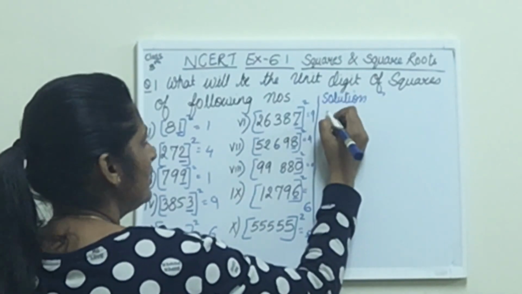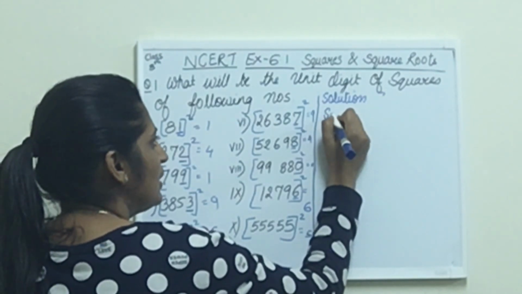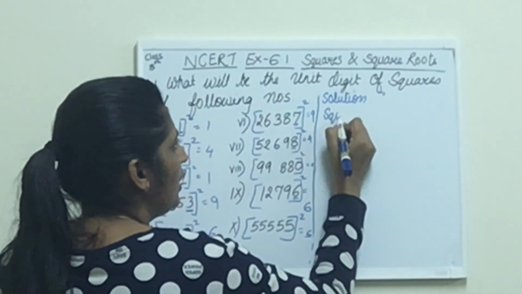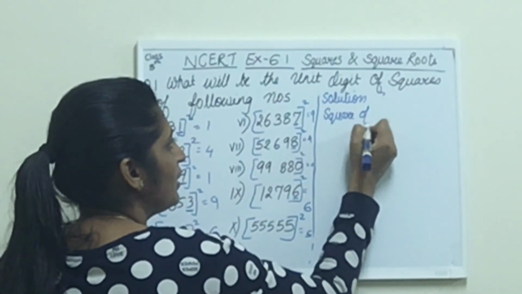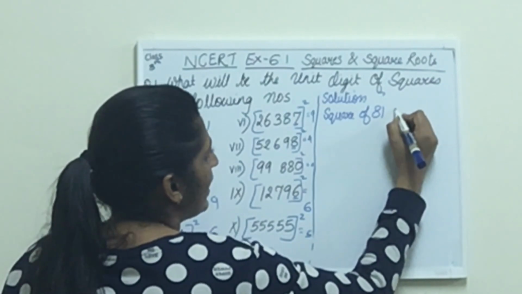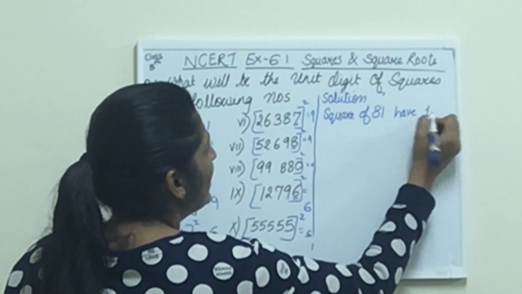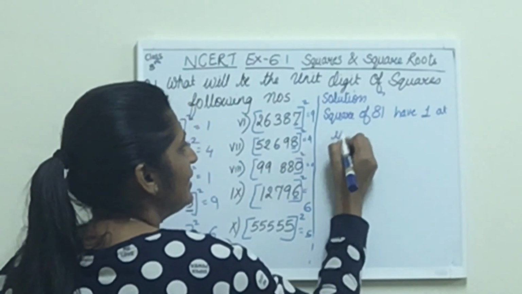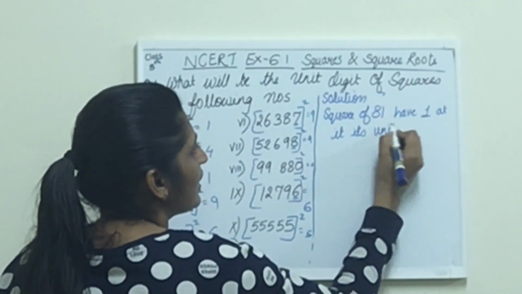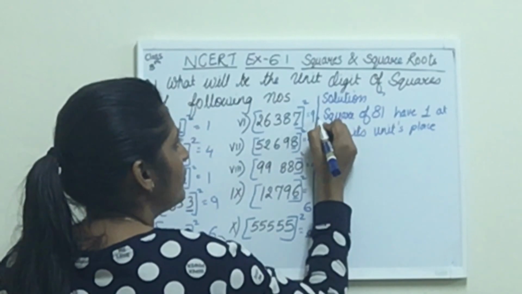Simply you need to write: square of 81 has 1 at its units place. First one.